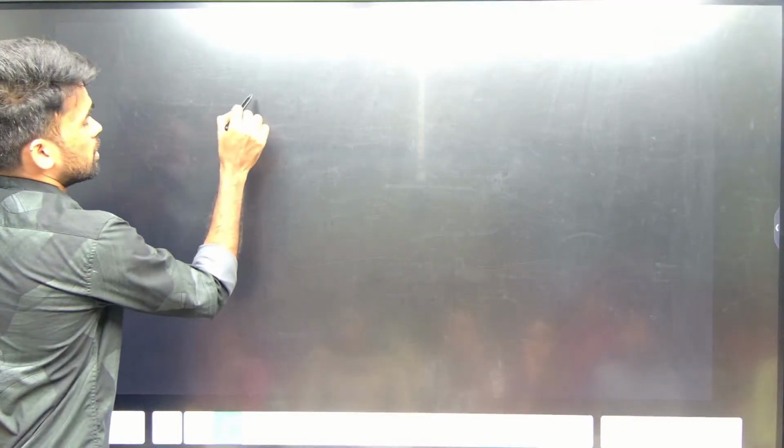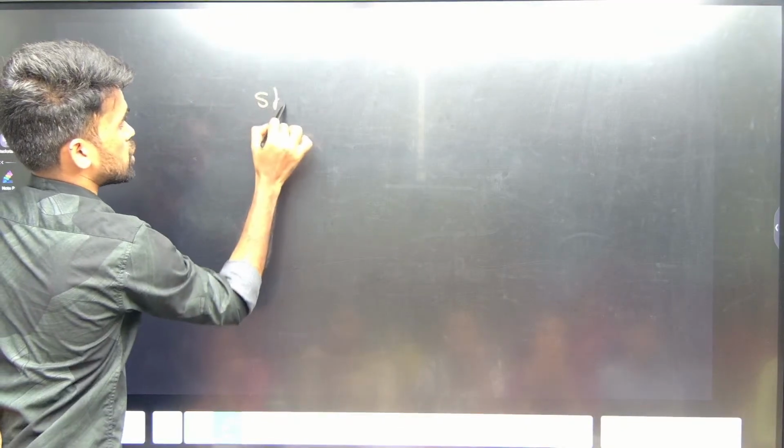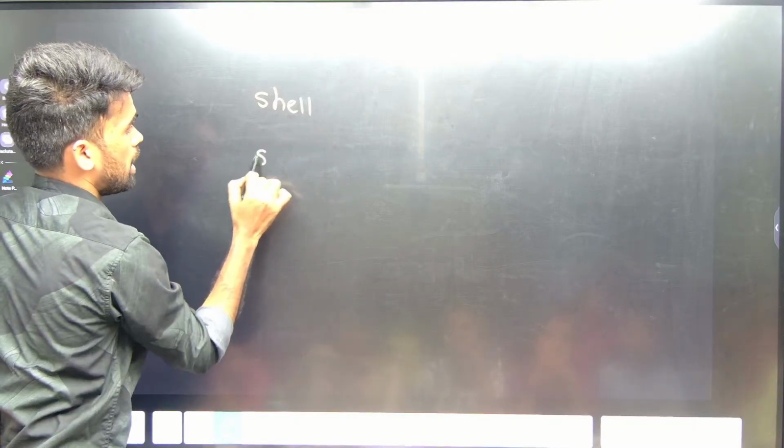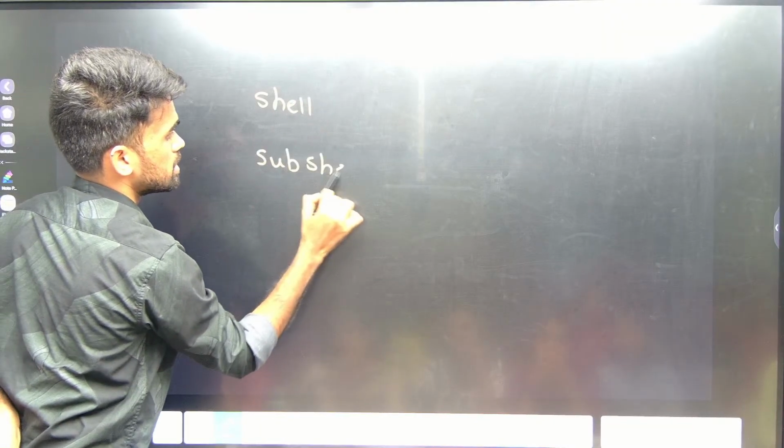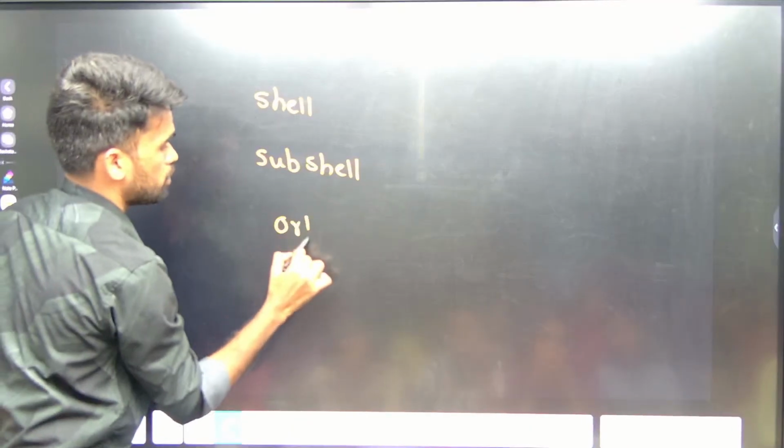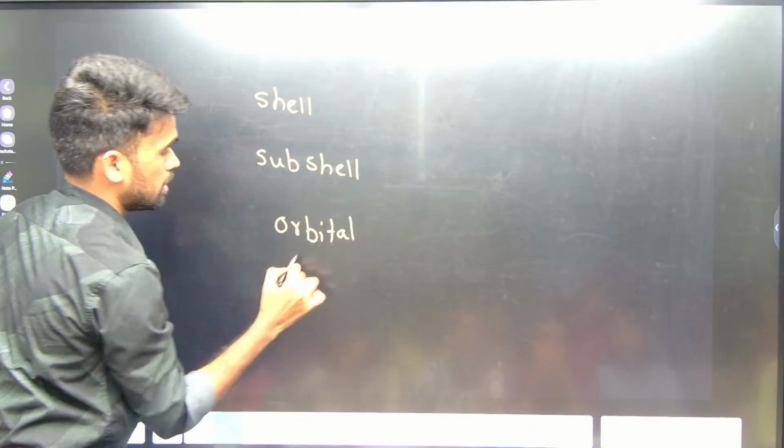Now, before starting quantum numbers, I will tell you something. There is something called shell, and subshell, next orbital, next electron.